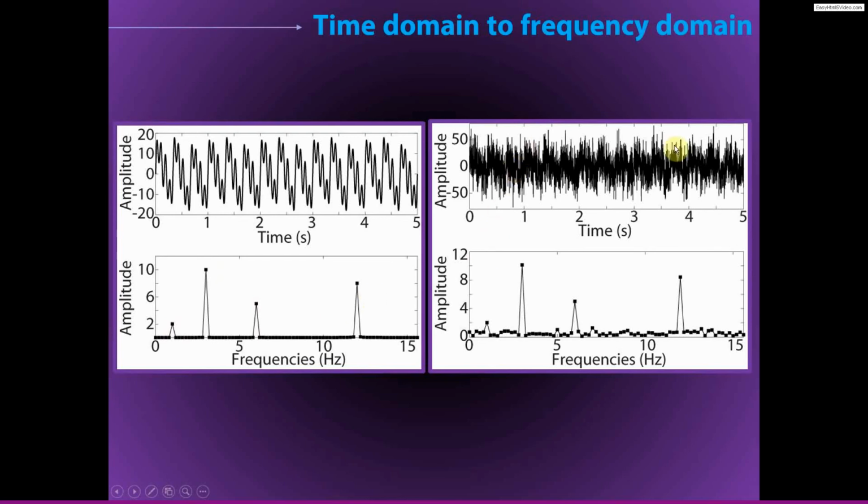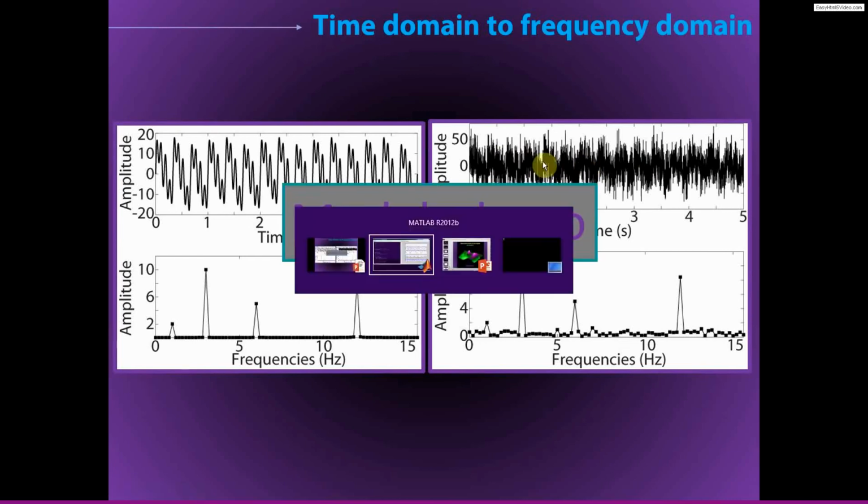Okay, even more the case here, where we have the same signal but just some noise added. You can see some broadband noise, and it's very difficult looking in the time domain to understand what the constituent parts are of this signal.